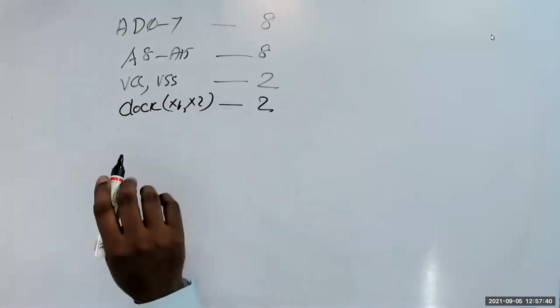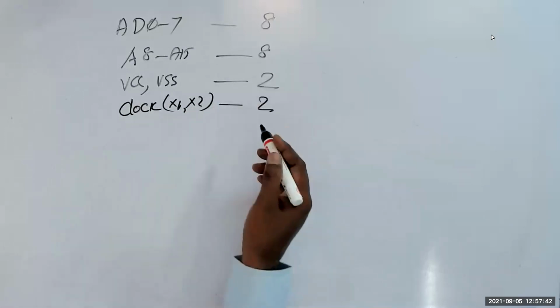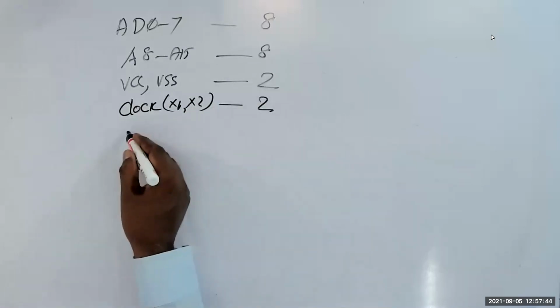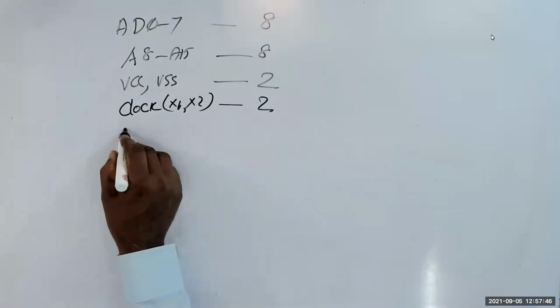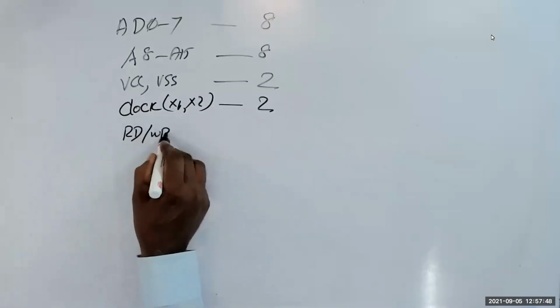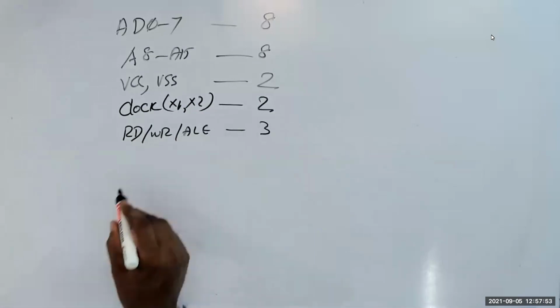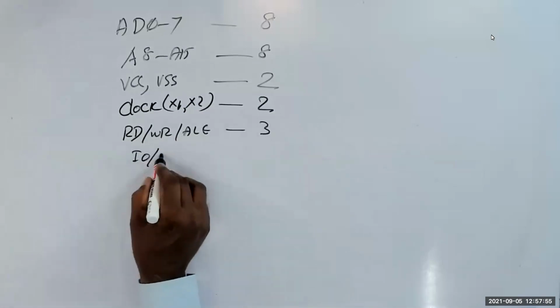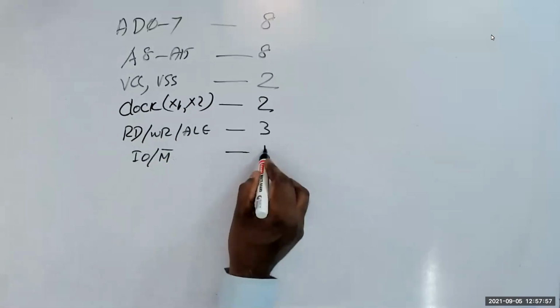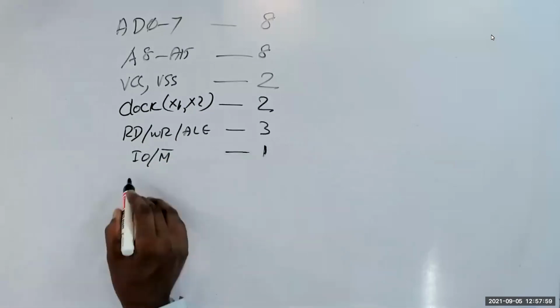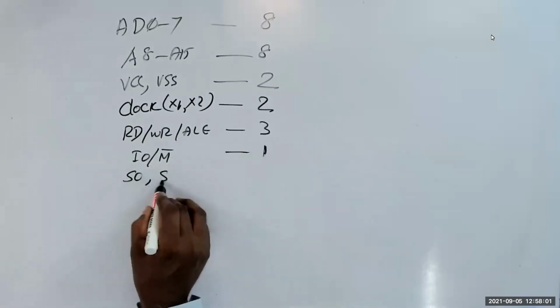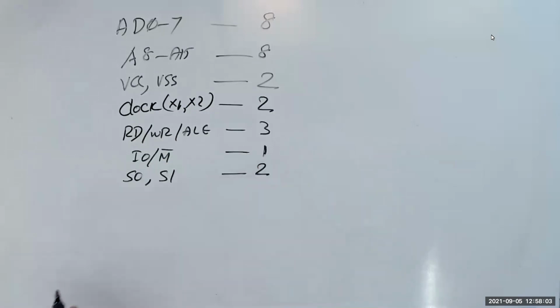What else? Read, write, ALE, 3 pins. IO/M bar, 1 pin. Then status, S0 and S1, 2 pins.